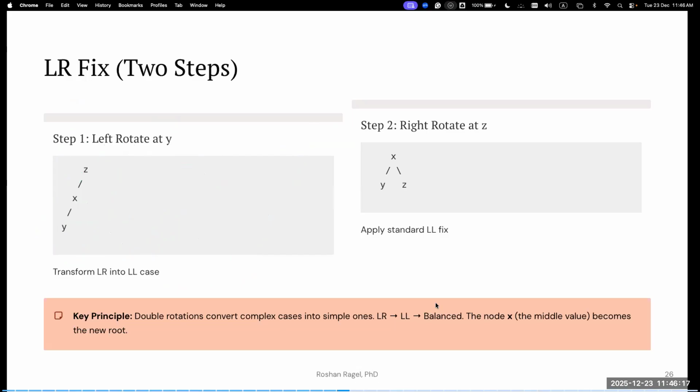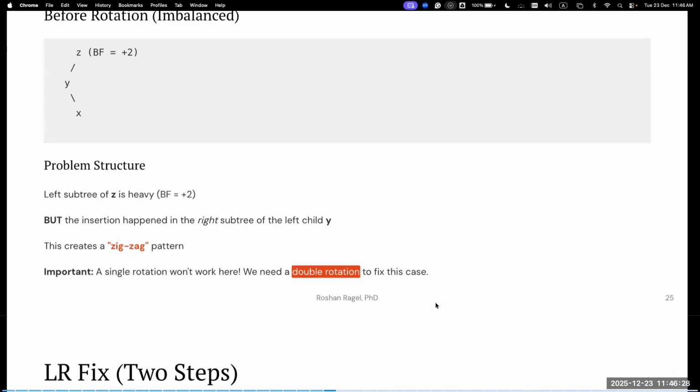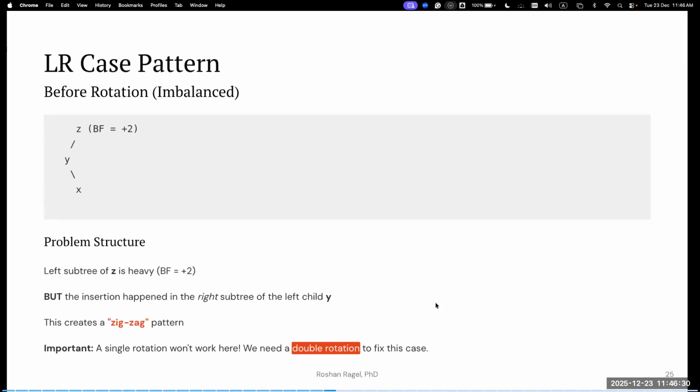So there's a question: how do we know X is smaller than Z? You can get the answer to that from here, right? Anything on the left side of Z is smaller than Z, so we don't really have to worry. Yes, I told you earlier we have to maintain the BST, binary search tree property.